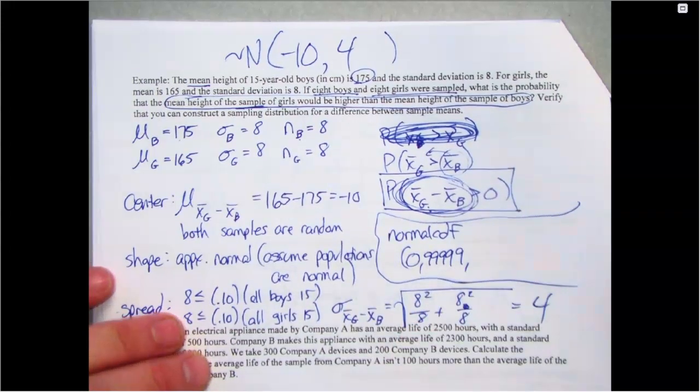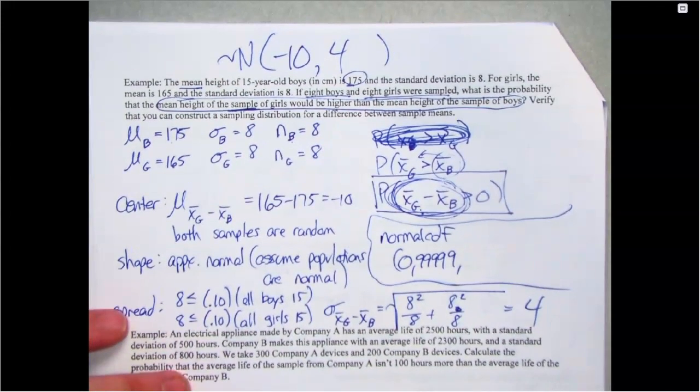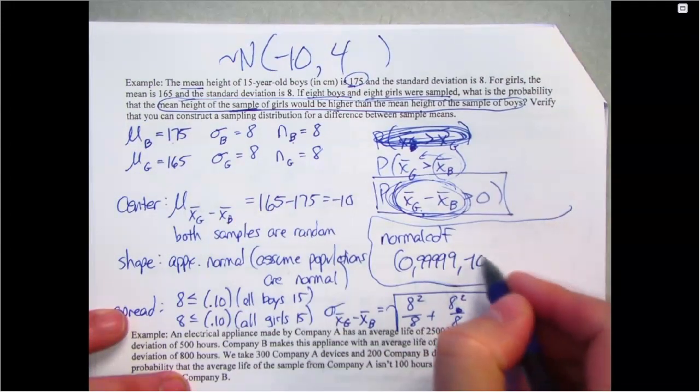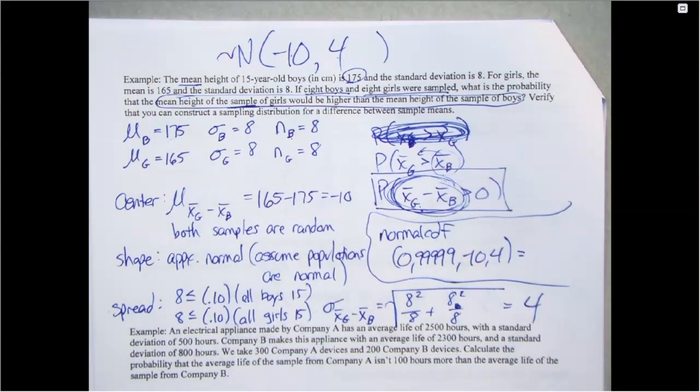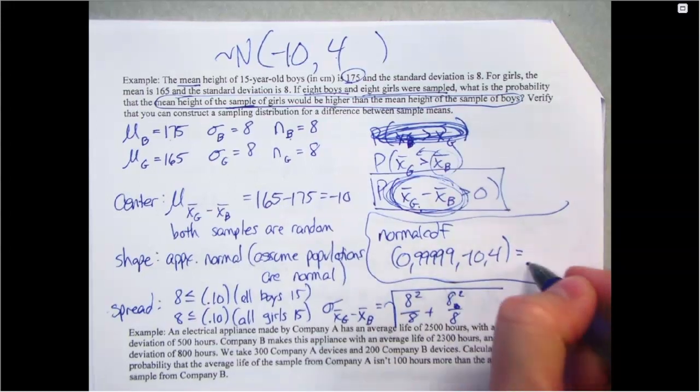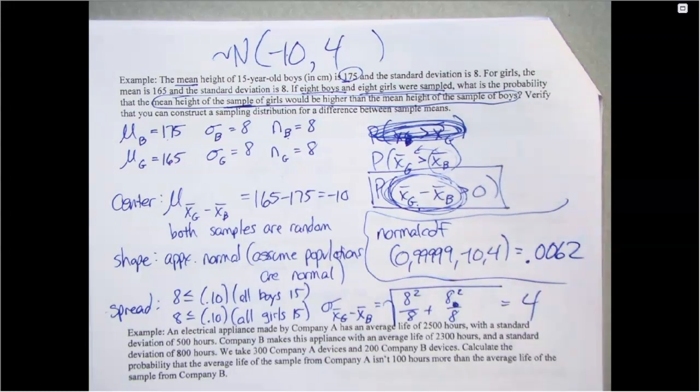Then I tell the calculator the mean and standard deviation. What's the mean? -10. Standard deviation, 4. Type that in. Let's make sure we all get the same. I get 0.0062.